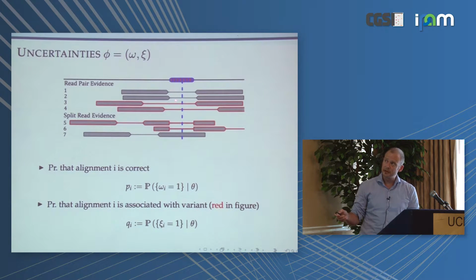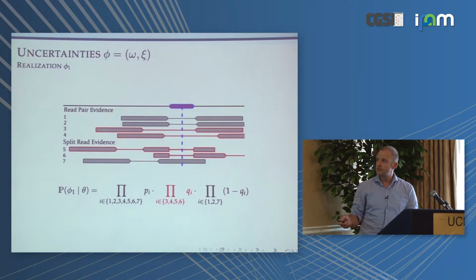So it is the combination of alignments being correct and alignments being red, meaning being associated with the variant. For each of the alignments 1 to 7, I have this probability. I can compute this from other considerations, and then I can compute the probability for this scenario. I call it phi 1, this scenario here to be the correct one, by making use of the p_i and the q_i and so on.